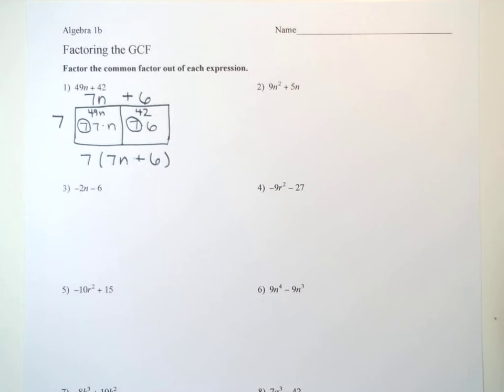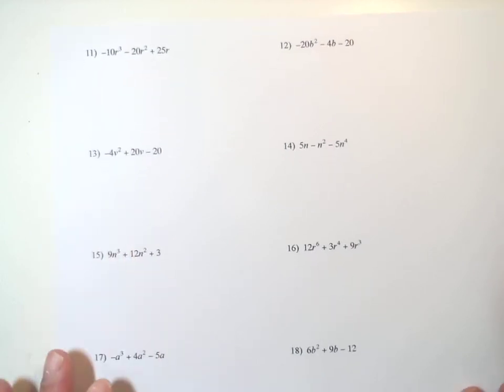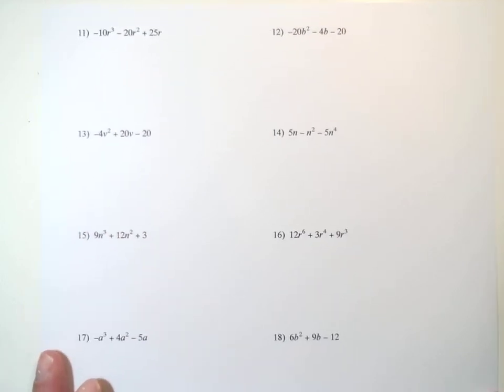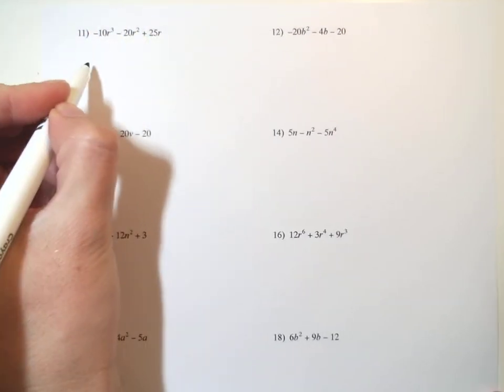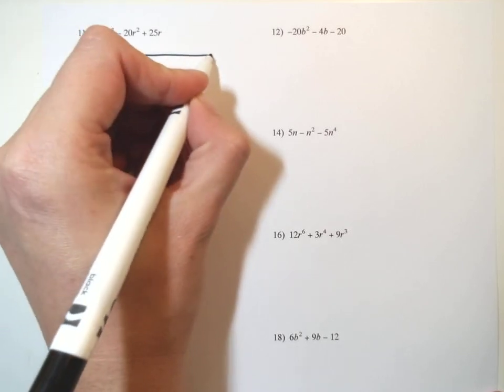And let's go ahead and look at 11. So here we have 1, 2, 3 terms, which means we're going to need 3 boxes.